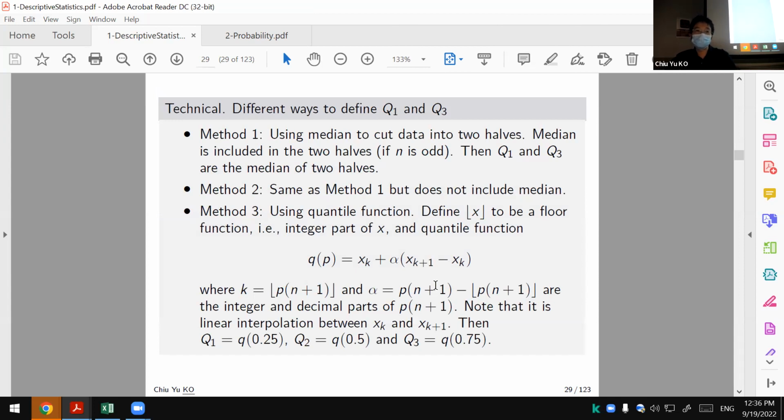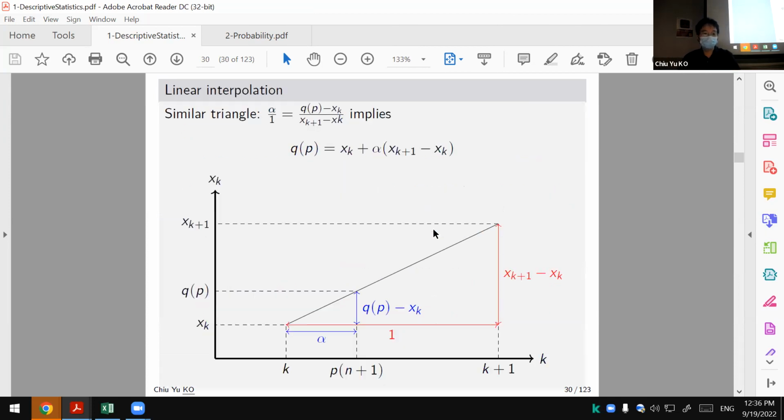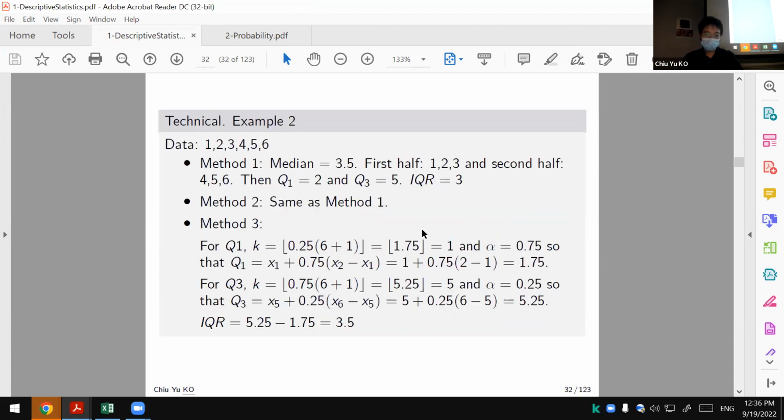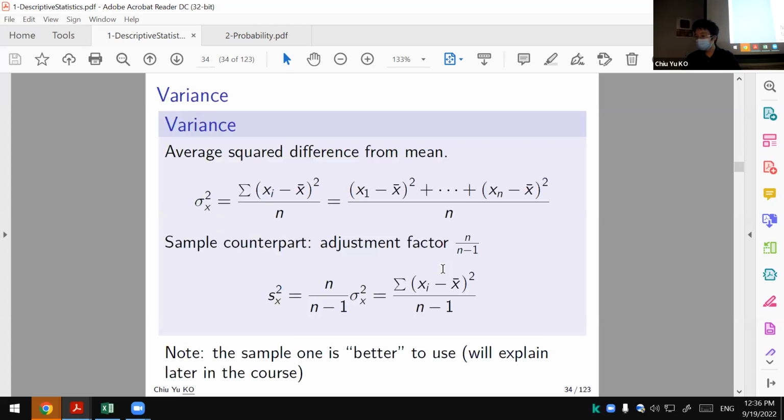The way we do it is one of the methods used in Excel, which is method 3, the quantile function, and I expect you to use it for your assignment, your test, and your project. So that's the one we're using. The idea of it is just linear interpolation, but I'm not going to elaborate. If you have a question, you can go back and check the examples.